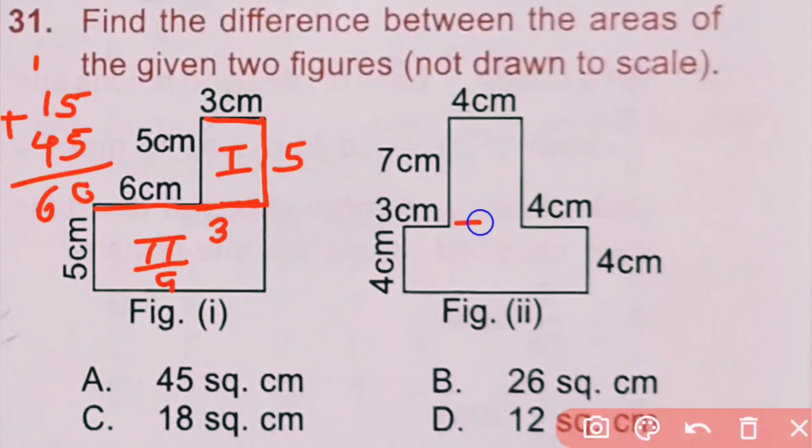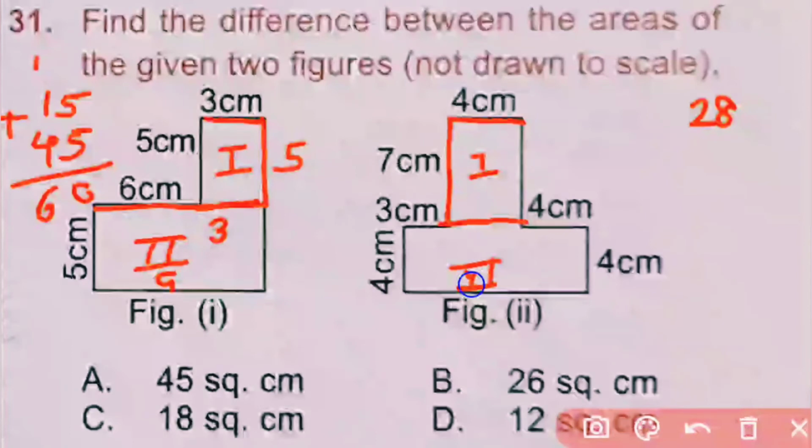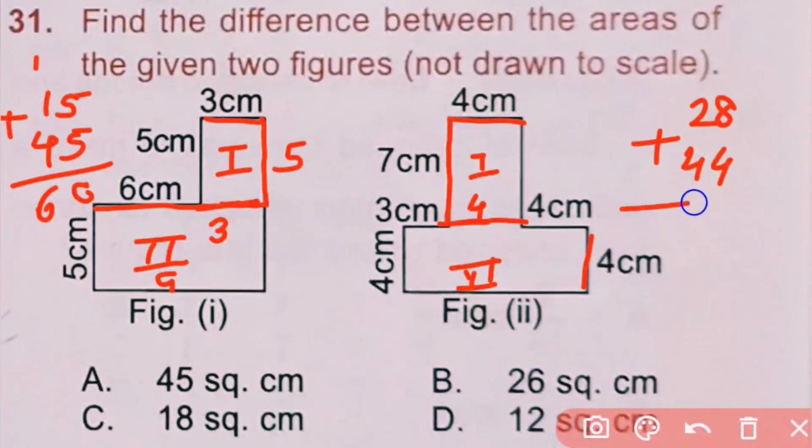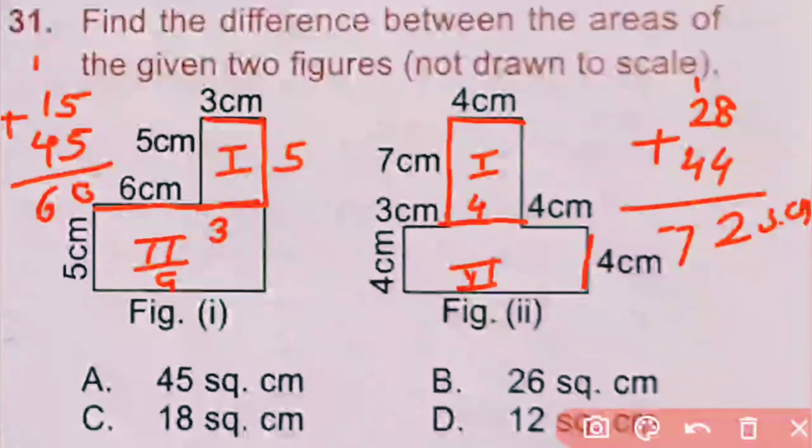Now here we make two parts of this figure, this one part and second part. Here first part area is length into breadth, means 7 into 4 is 28, and the second part is this 3 centimeter, this 4 centimeter and 4 centimeter, means 11 centimeter, and 11 into 4 means 44, and total area is addition of two parts, 72, so 72 square centimeter.